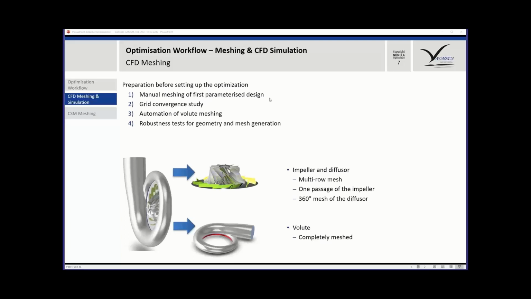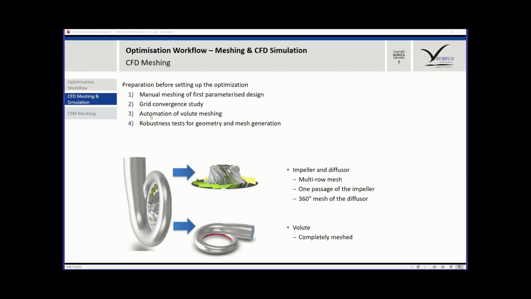But for the first shot, we optimize the mesh manually, have a close look, and quite important, we take a grid convergence study in order to find a good compromise between a good, solid CFD simulation and an acceptable mesh size. So since we are running hundreds of designs, it's basic, every mesh point counts, I would say. So we try to minimize the overall mesh size and still maintain a good accuracy.